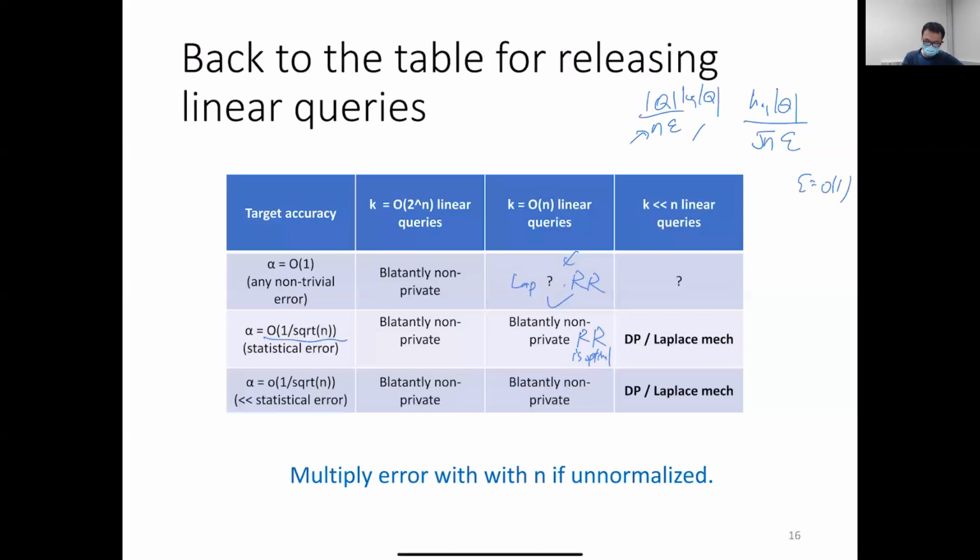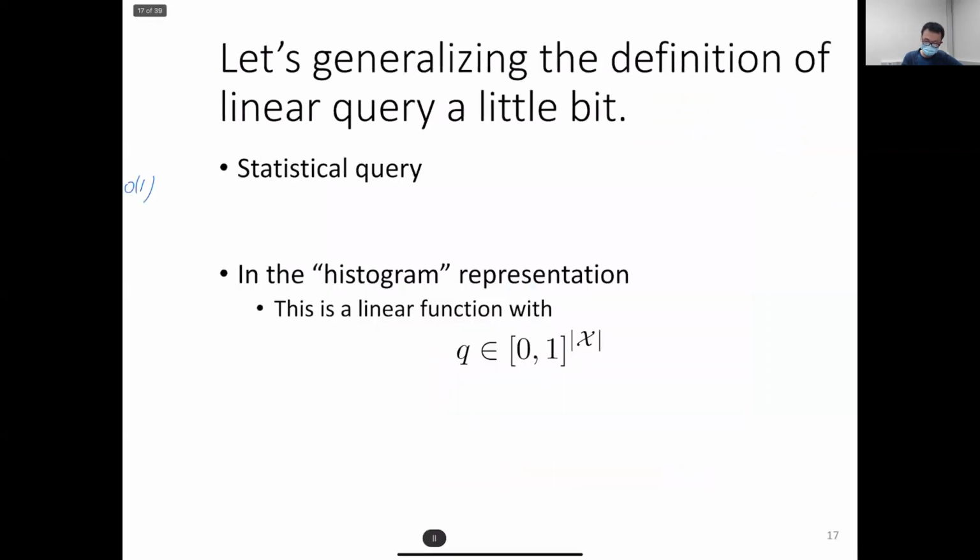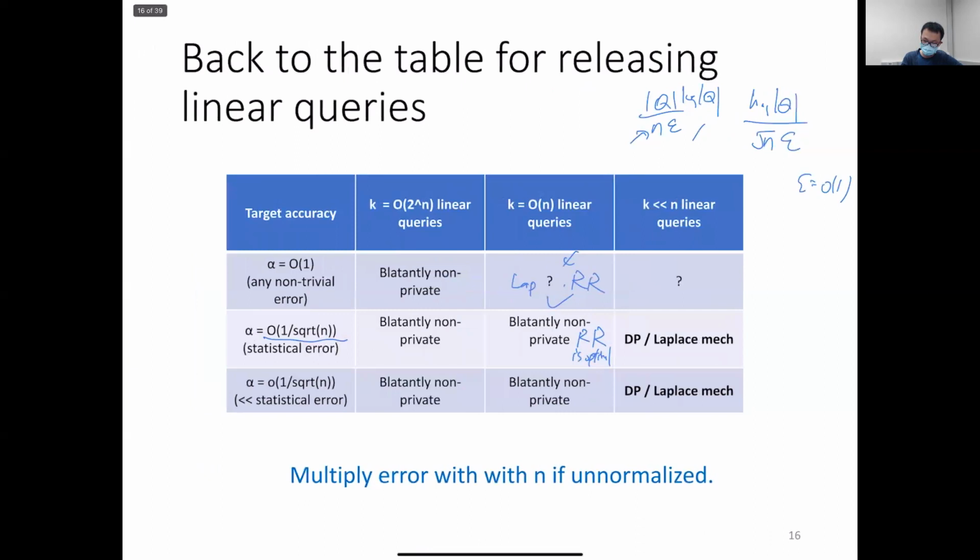And suppose we move to the right-hand side, when the number of queries is substantially smaller than n. Then we can see that in this case the Laplace mechanism can give you errors that are substantially smaller than the statistical error, but only if k is substantially smaller than the square root of n. So there's a small gap here.